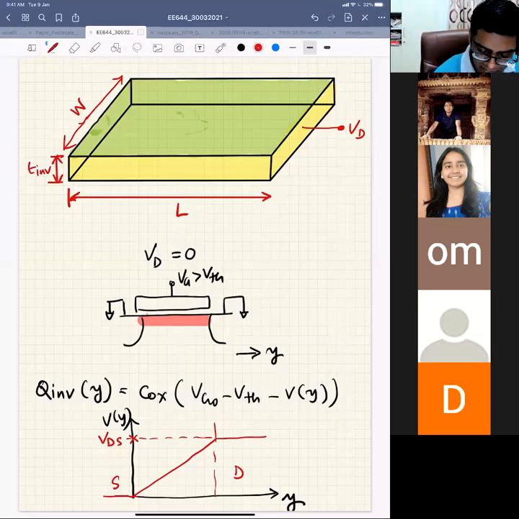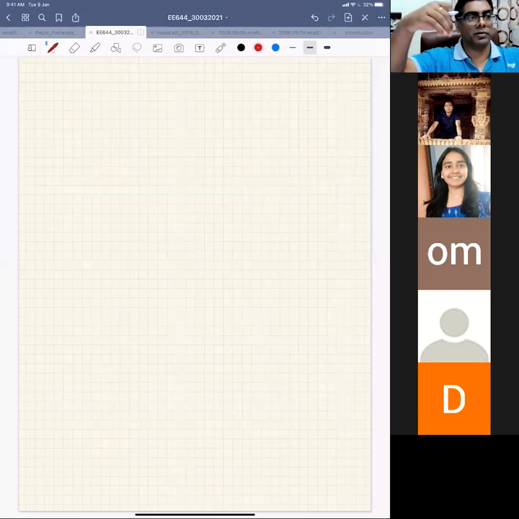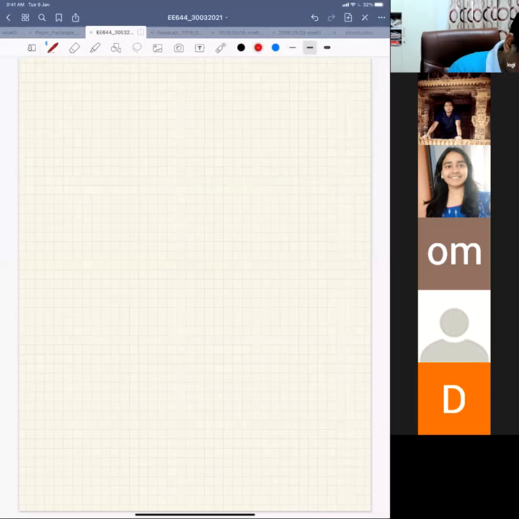So in this particular case, when your source and drain both are 0, your Q inversion on the source side when y equals 0 is Cox (VGS minus VTH).